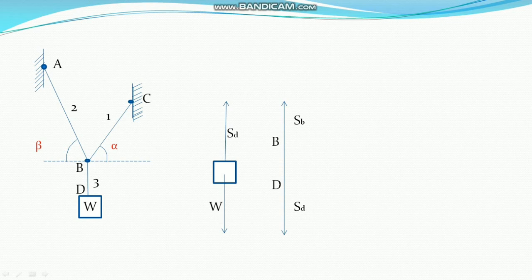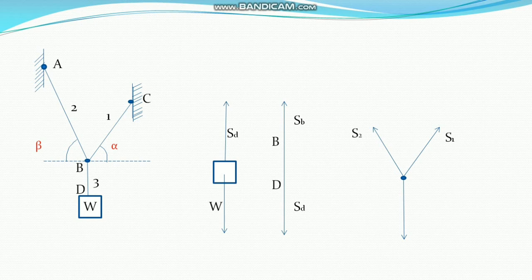Next, what is the point? The next one is the third point, the important one, which is B. Let us take point B. There are three components, three ropes or three cables. S2 is the force in cable 2, S1 is the force in cable 1, and another cable is downward, that is S3.